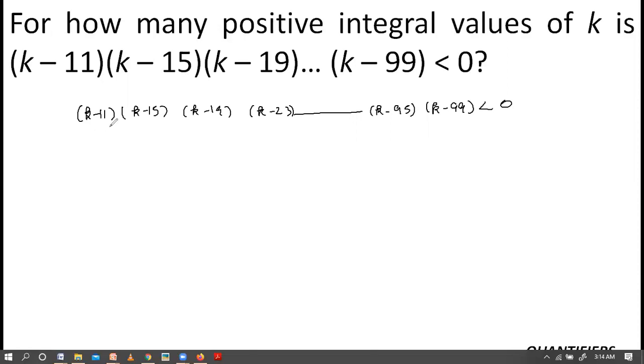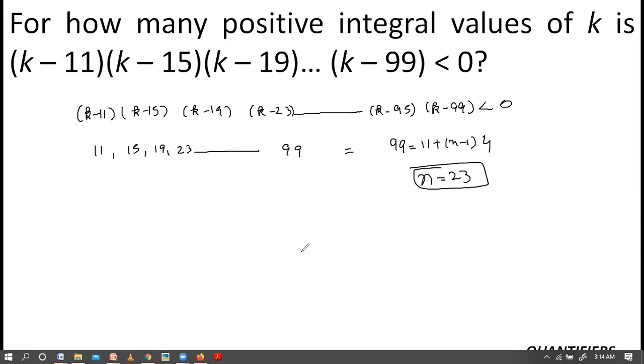Let's think. First of all, let's see how many numbers are these. So from 11, 15, 19, 23 is a series up to 99. So it's an AP. So 99 is equal to 11 plus n minus 1 into d, which is 4. So 88, 22, n is 23.